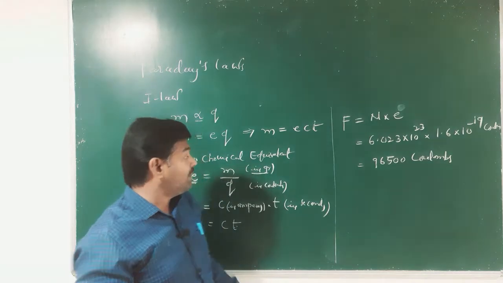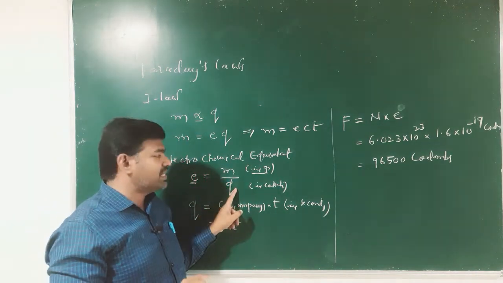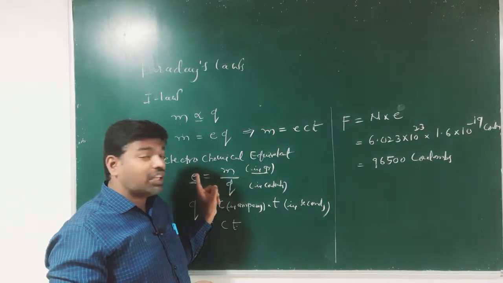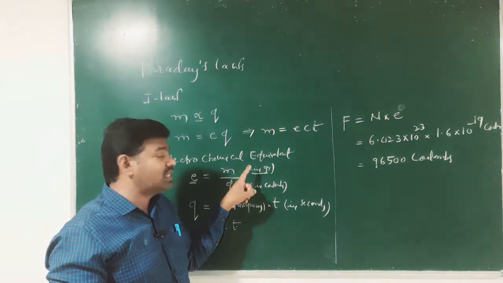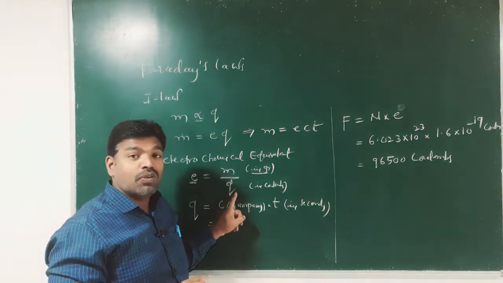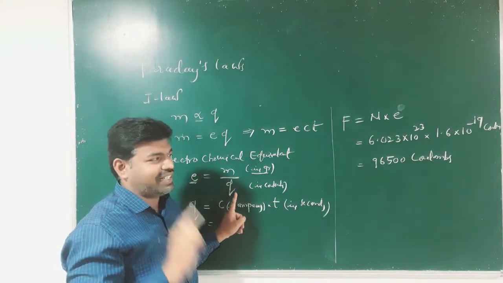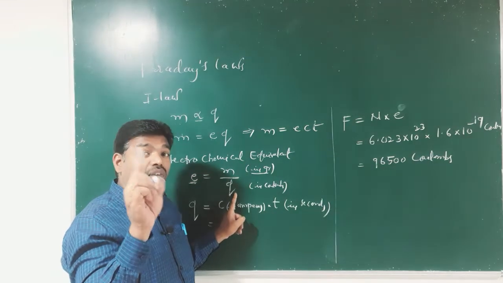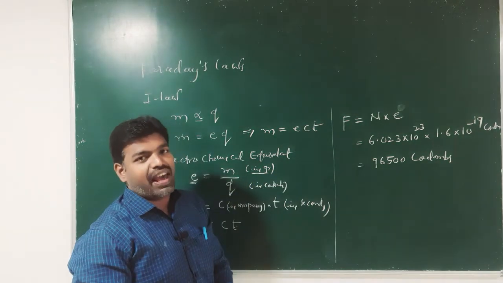But the electrochemical equivalent is the mass of substance in grams deposited for the passage of 1 coulomb of electricity, but for 1 mole of electrons the electric charge is equal to 1 Faraday.